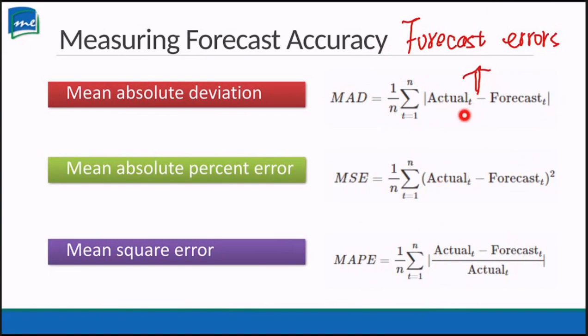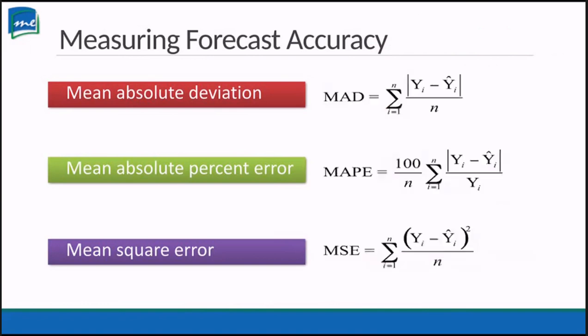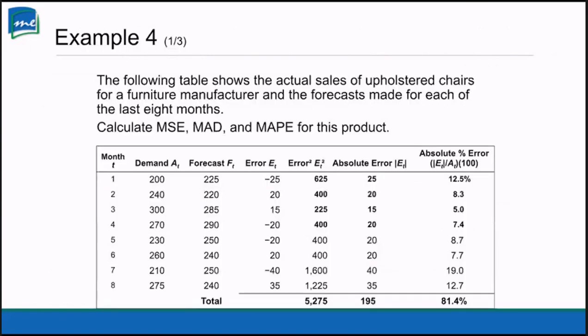For the MAD, we use the absolute value. For the MSE, we use the square value of the forecast errors. And for the MAPE, we use a ratio of the forecast errors to the actual values, and we take the absolute value. So let's take a look at an example here.